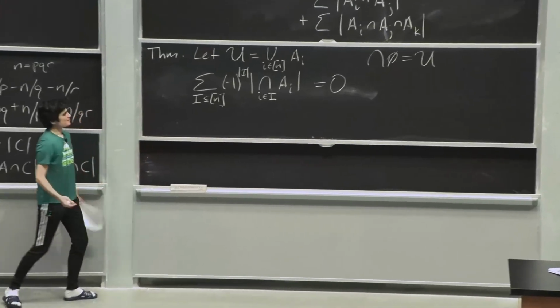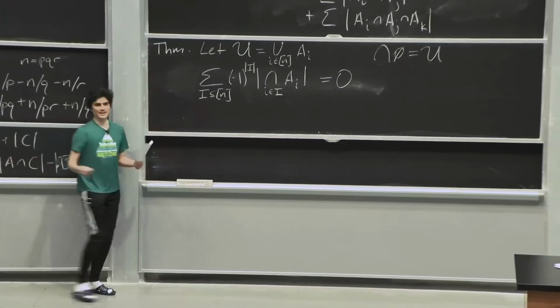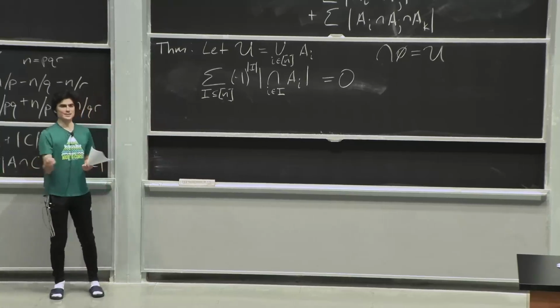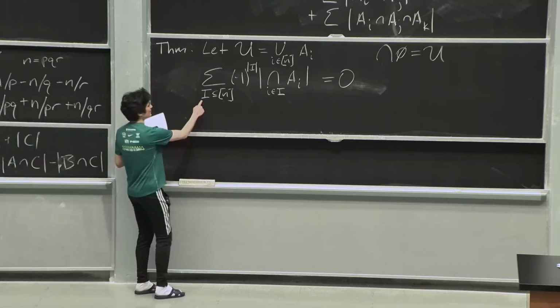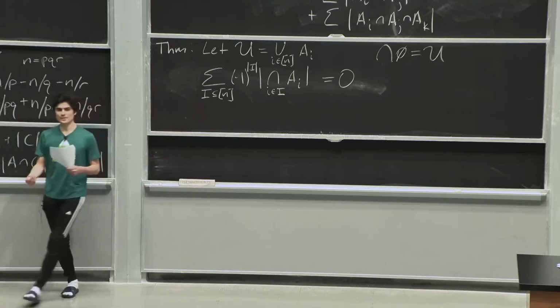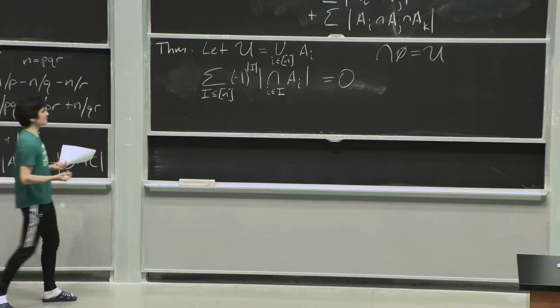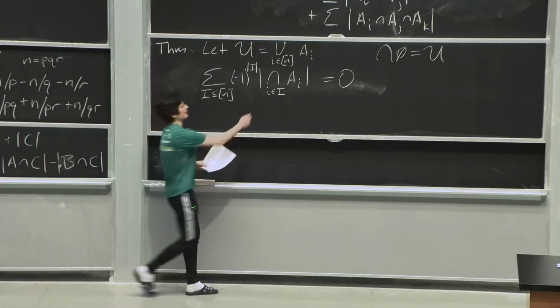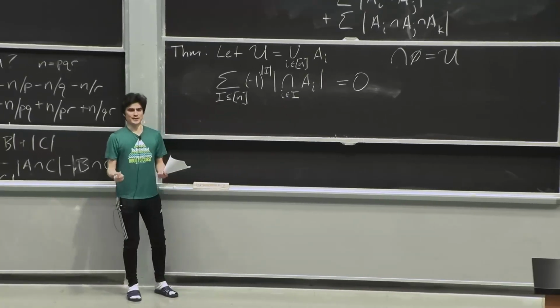The question was, what is the difference between big and little I? Big I is a set of indices. Little I is an individual index in that set. So we're summing over all subsets of the numbers up to n, and for each of those subsets, we're taking the intersection of the relevant AIs.